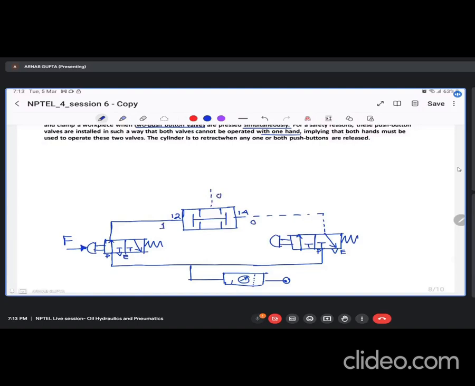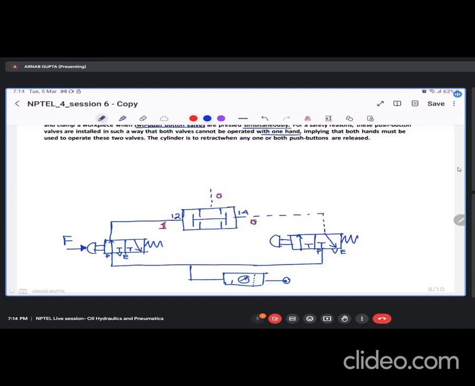So obviously we'll be having logic 0 here, since this acts as an AND gate. If either one is 0, it will give 0 output. Only if both are 1 will this be 1, that is, there will be flow through here. This I am marking in red because this is not part of the circuit.